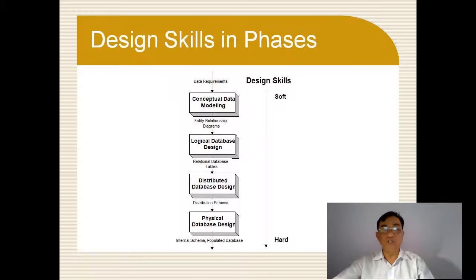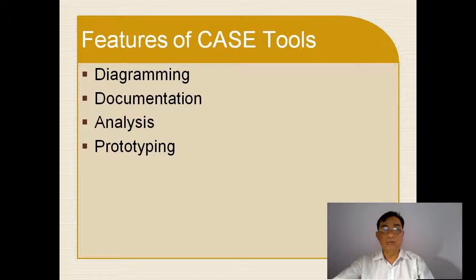Now I go to the features of CASE tools. I discussed with you diagramming, documentation, analysis, and prototyping. In diagramming, we have the basic function of any CASE tool, and you have a lot of predefined shapes and behavior in the CASE tool for data modeling.